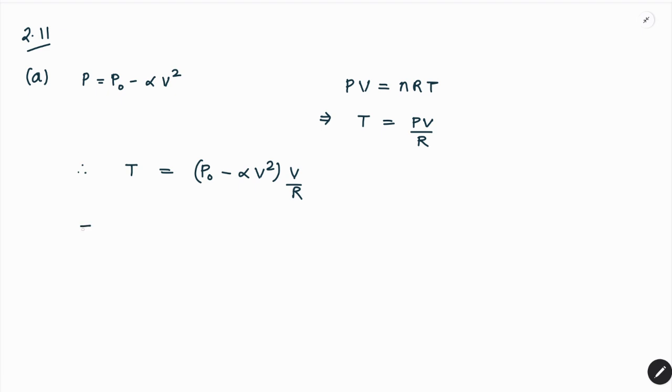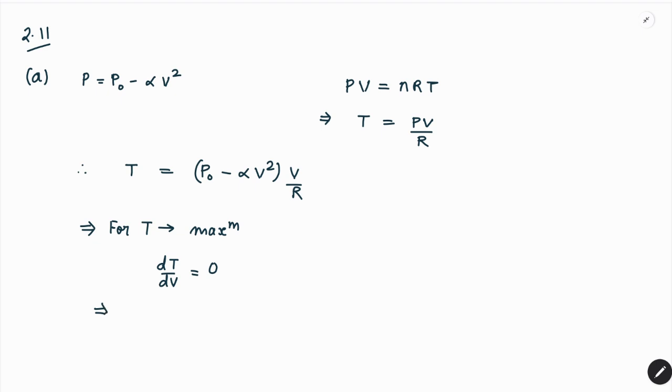So now, for T to be maximum, we will calculate dT by dV and equate this value to 0.